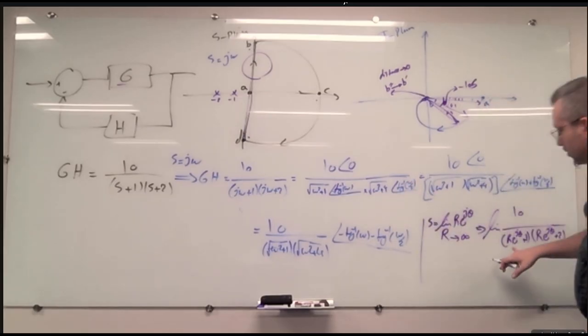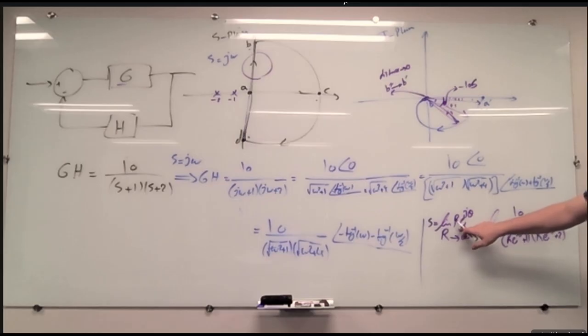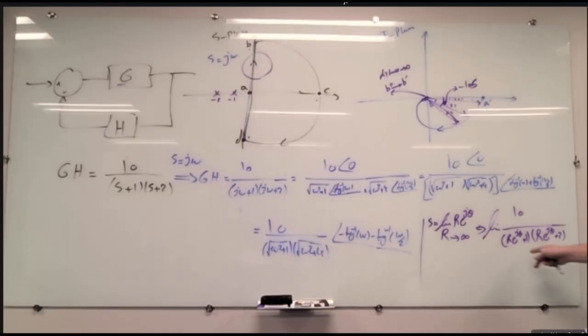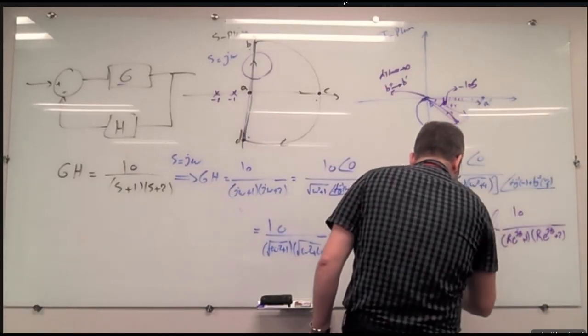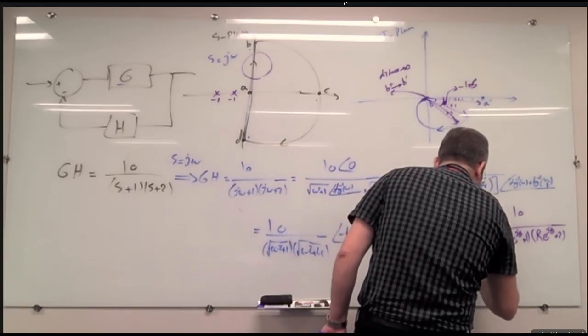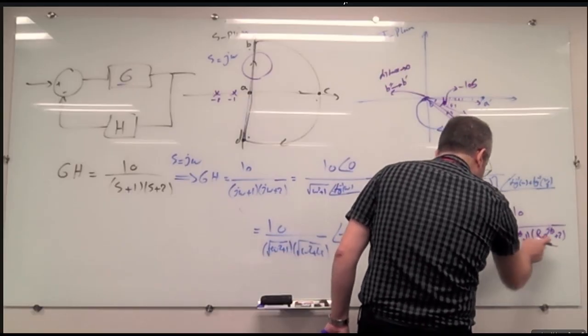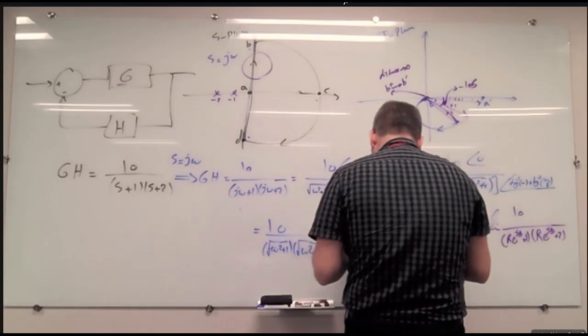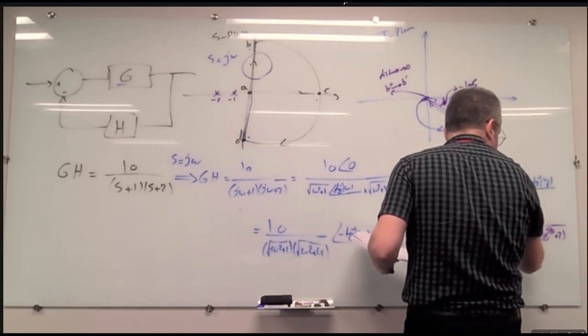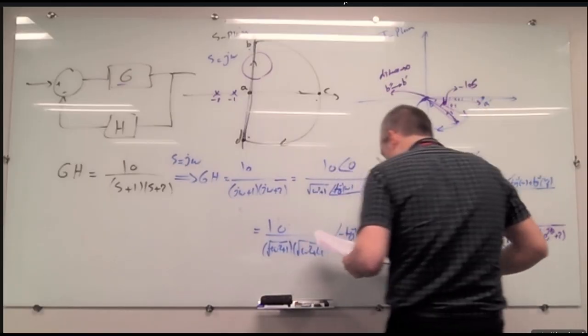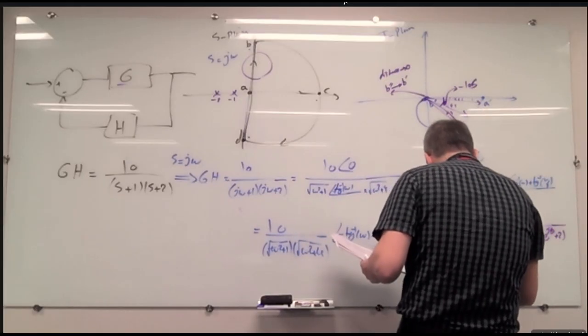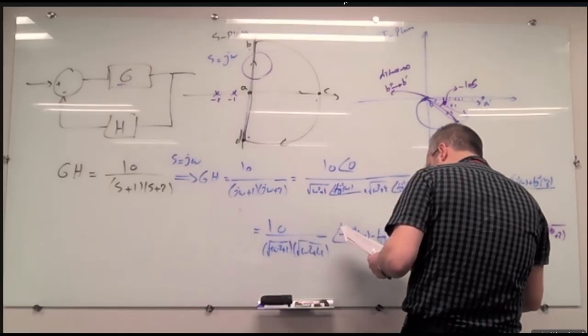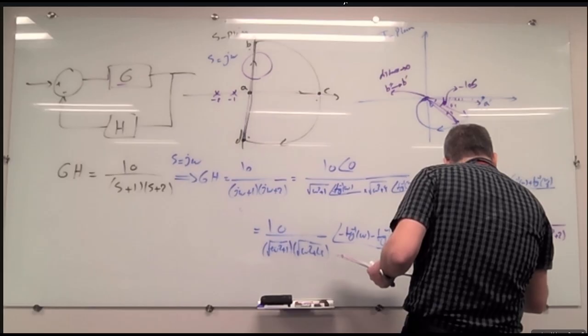I just put the S equal to R e to the power of j theta on my function. Now, this is equal to the limit of 10. You can multiply these two. R goes to infinity, this 1 and 2 would not affect anything. So it is going to be R squared e to the power of j 2 theta.